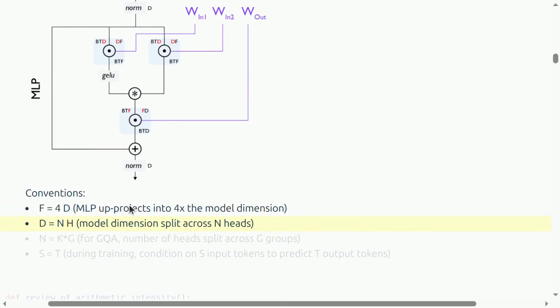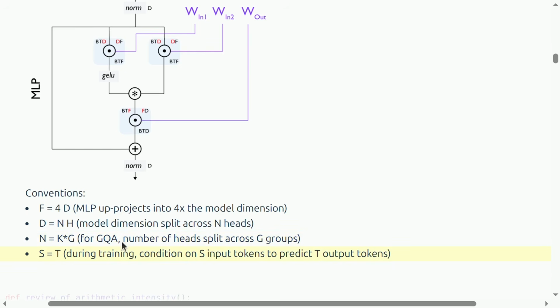And then the model dimension gets split across the n heads. So the model dimension is always equal to the number of heads times the head dimension. And then the number of heads gets split, in the case of group query attention, into the number of groups and the number of heads per group.